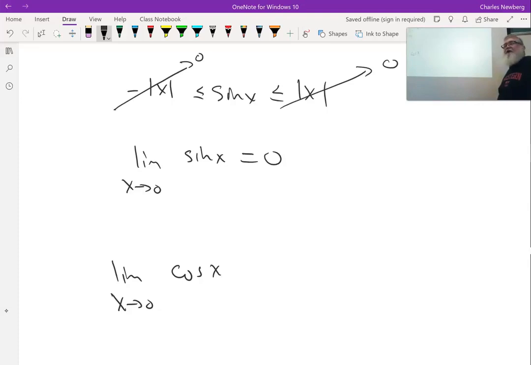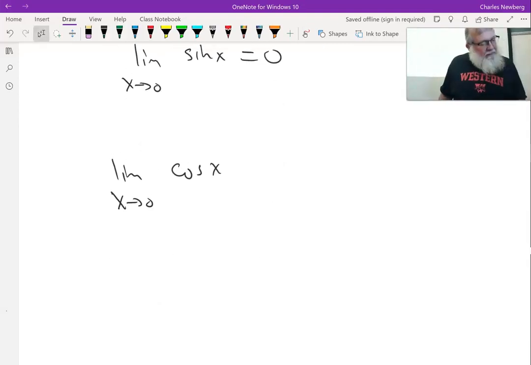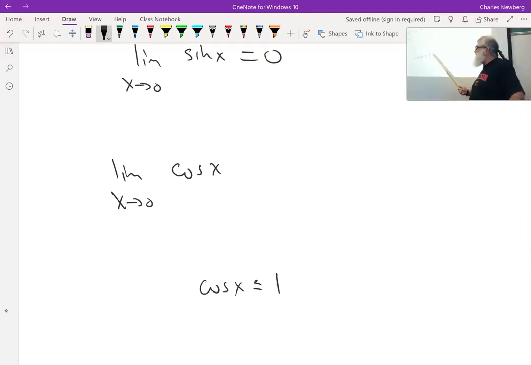Because cosine of 0 is what? 1. So let's see if we can bound this function between a couple of things. And the two functions we're going to bound these between, and this would be more by discovery. We know cosine is always less than or equal to 1. And on the other side, we're going to look at 1 minus the absolute value of x.